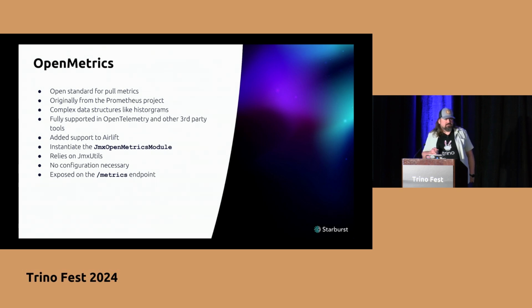It utilizes JMX utils, which Martin wrote originally. I've made a few changes to it to support more of the OpenMetrics standard. There are some changes that I'd like to continue to make on that, so keep an eye on that repo if you're going to use it for anything outside of Trino, because we use it for all the services inside of Starburst, not just Trino, to do all of our metrics.